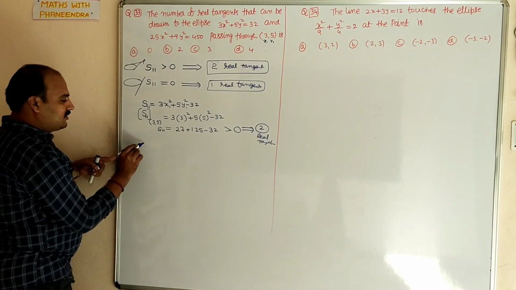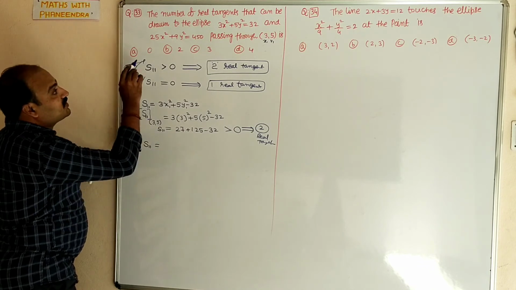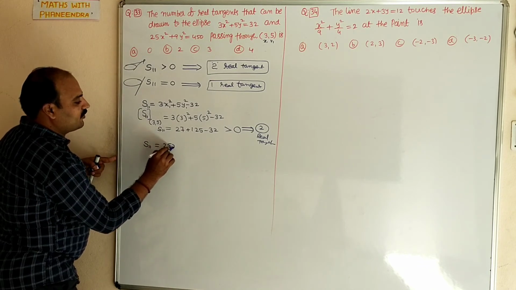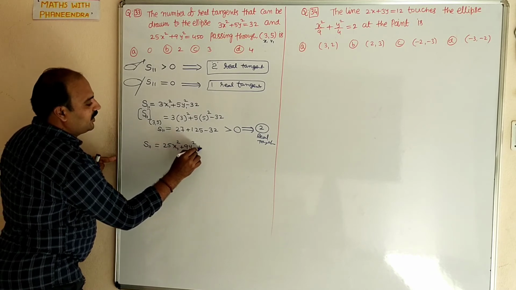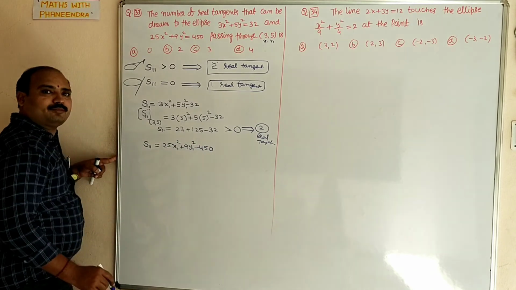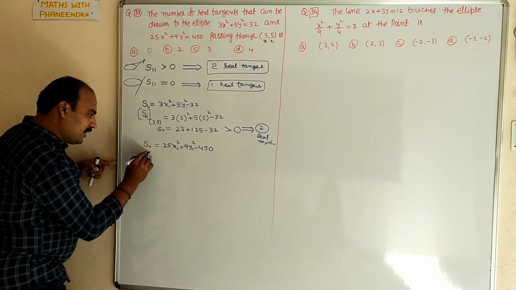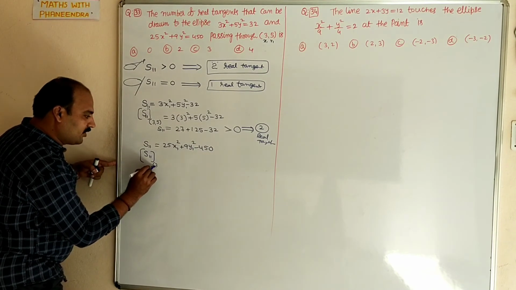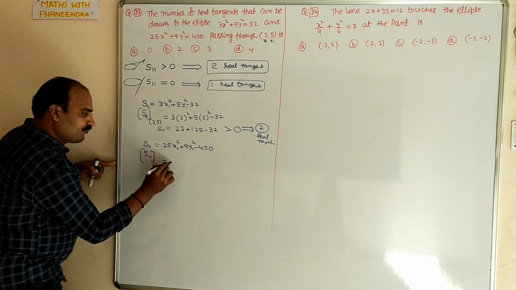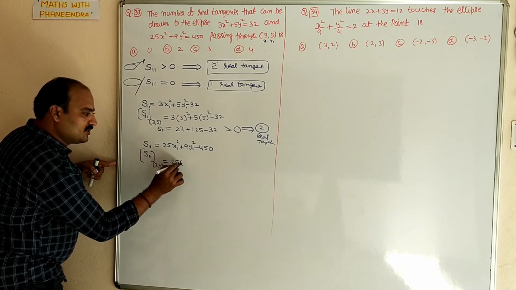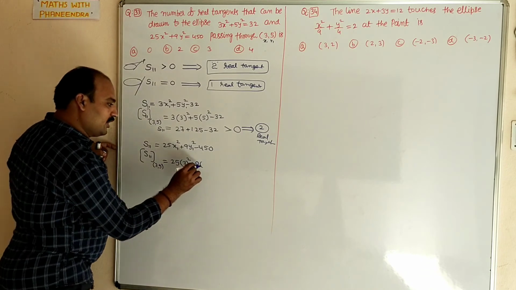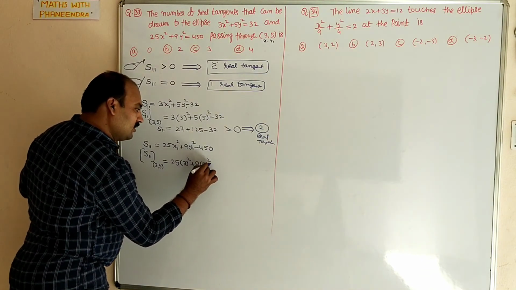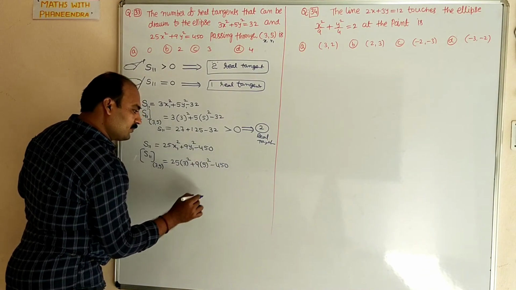Case 1, it is S11 for the second: 25x1 squared plus 9y1 squared minus 450. So S11 at the point 3, 5: 25 into 3 squared plus 9 into 5 squared minus 450.